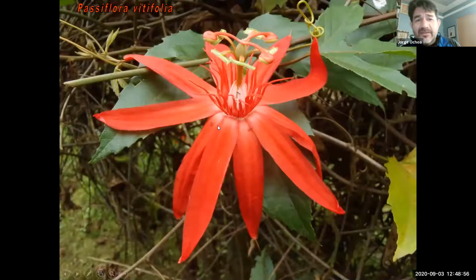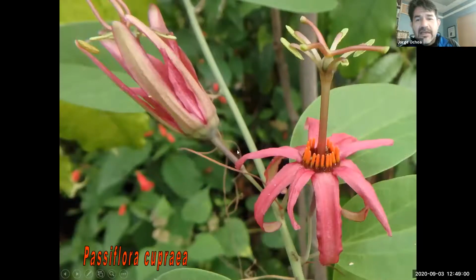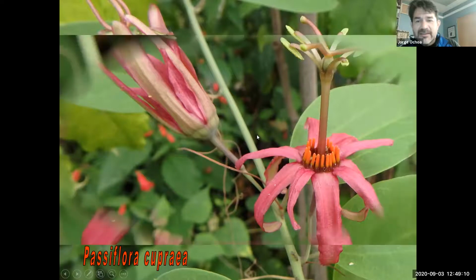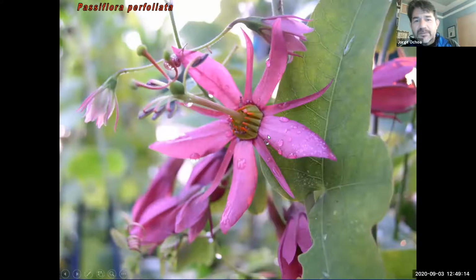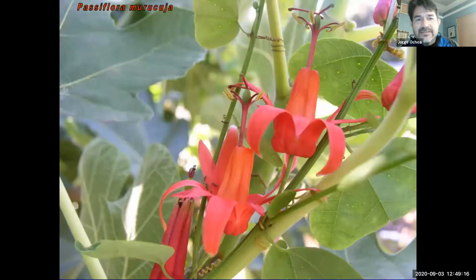Here are a few other species that are pollinated by hummingbirds: Viridifolia. Here's Cuprea from the Caribbean islands. Notice the corona filaments very rigid because it doesn't want to release the nectar to anybody, just the hummingbirds. And there are the corona filaments. Here's Perfoliata, also from the Caribbean islands. And then Murucuya, now we have a very different adaptation.